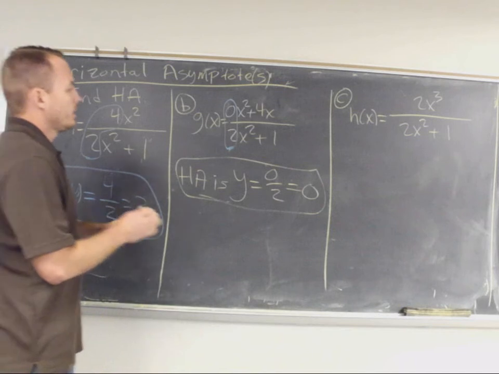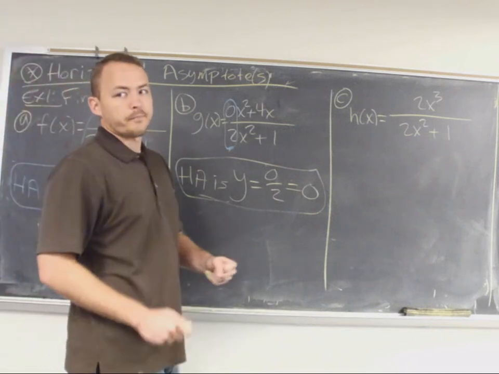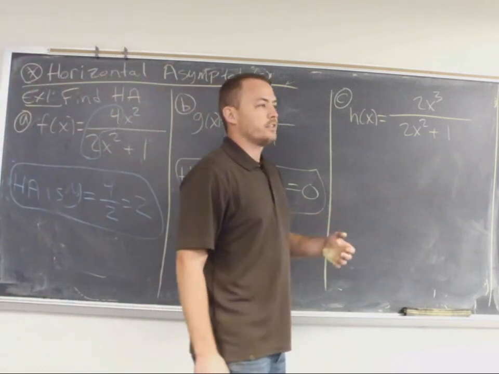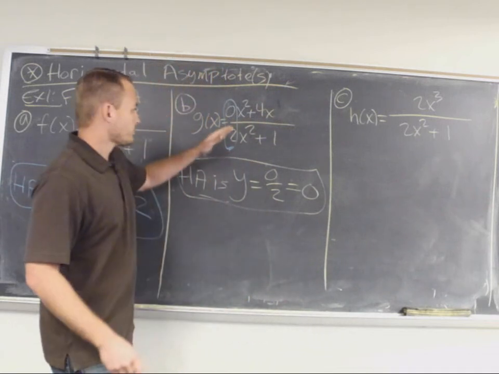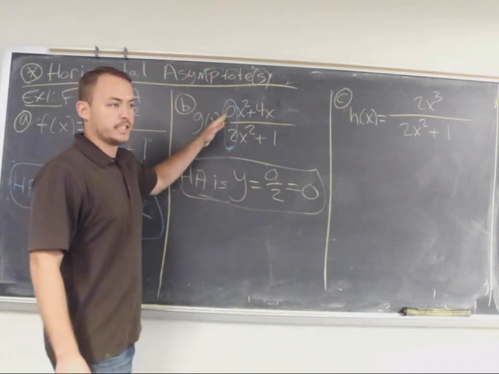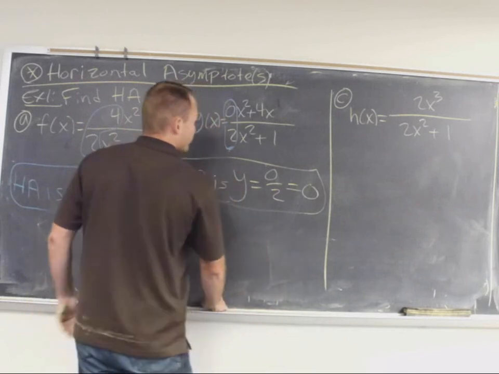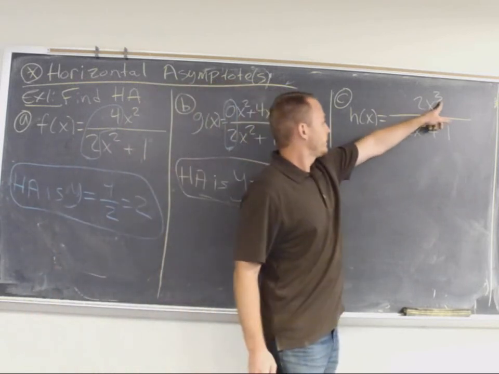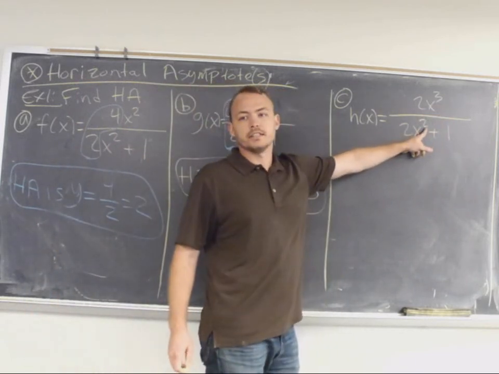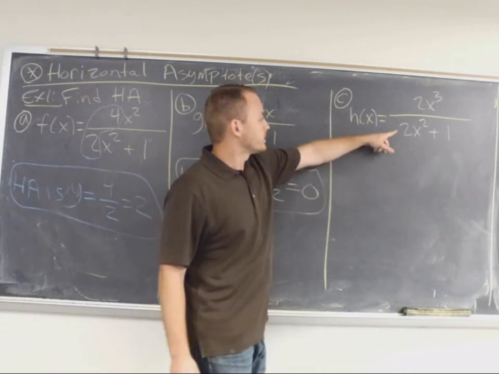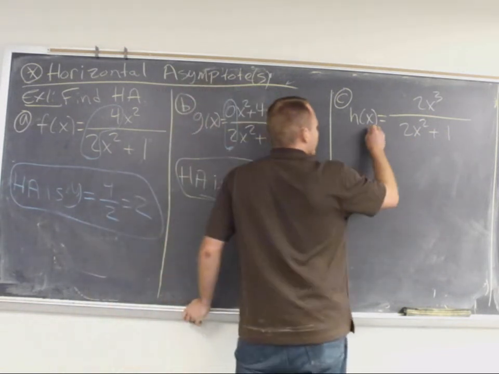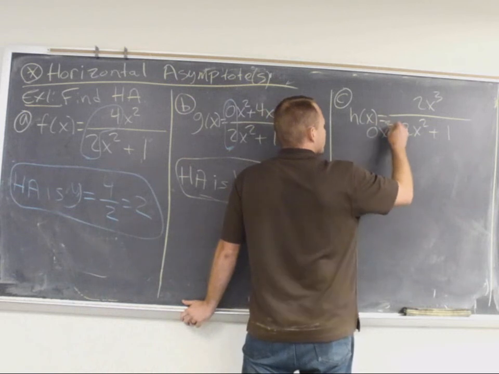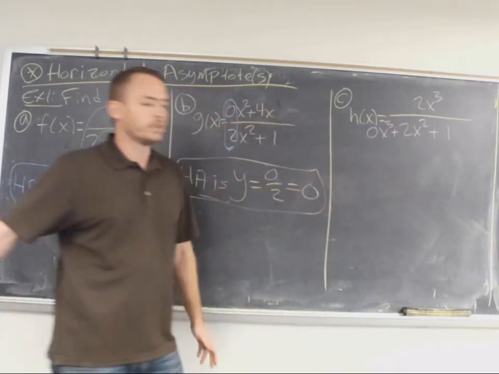So I look at the degree of the top and the degree of the bottom. If they're the same, I take the coefficients. If they're not the same, then what do I do? I make them the same by adding in a 0. The degree of the top is 3, the degree of the bottom is 2, so they are not the same. That means I need to add a 0 on the bottom here: 0x cubed plus 2x squared plus 1.